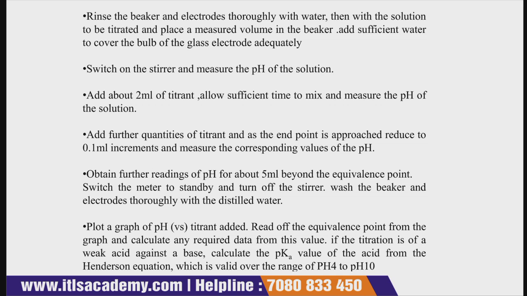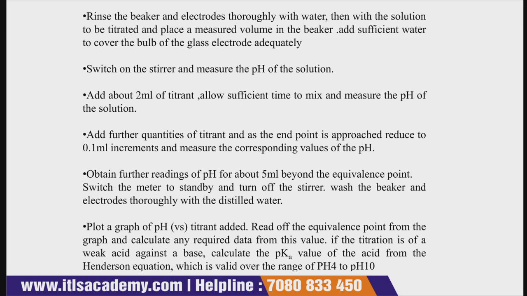After reaching beyond the equivalence point, you switch the meter to standby, and then you turn off the stirrer. After turning off the stirrer, you further wash the beaker and electrodes thoroughly with distilled water.